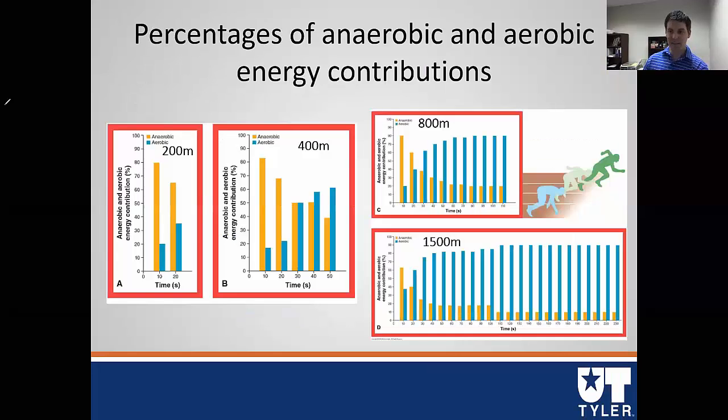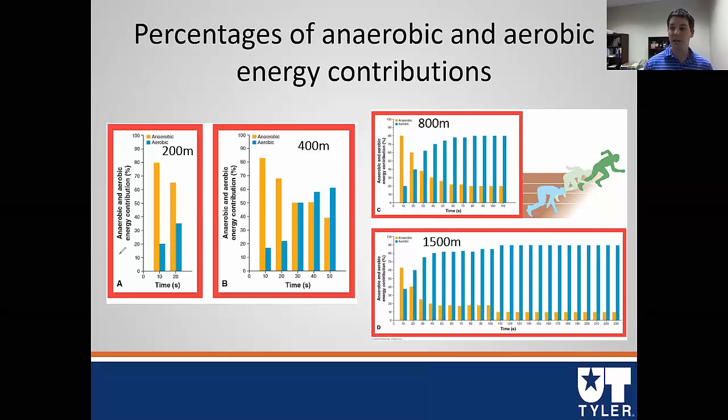So let's take a look at this again by percentages of aerobic and anaerobic energy contributions by race speed, and show early on that as the time of that exercise, or in this case competition, lasts, we see the shift. It's looking at the start, every 10 seconds or so.